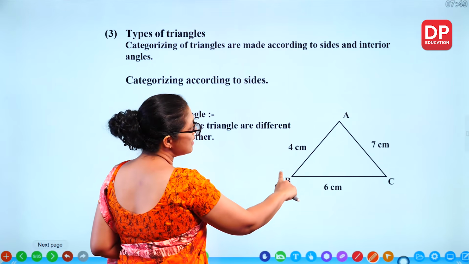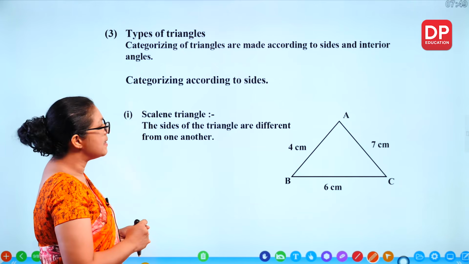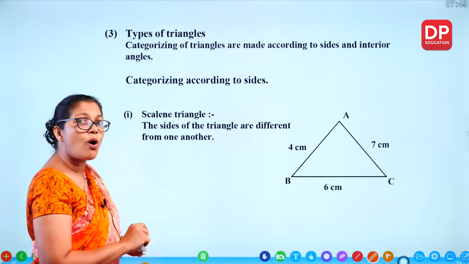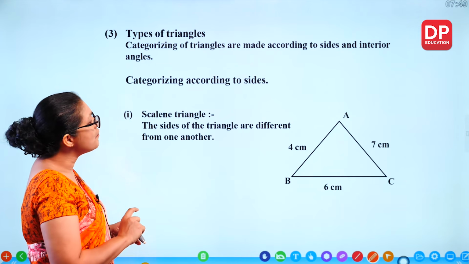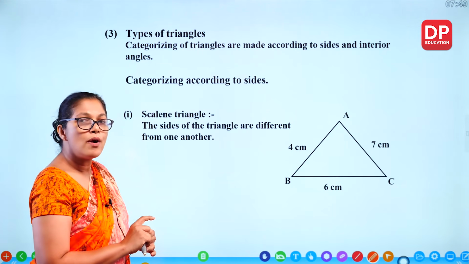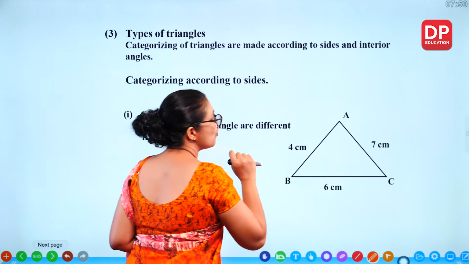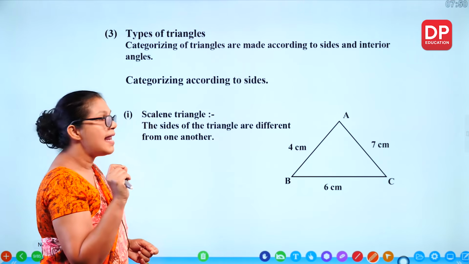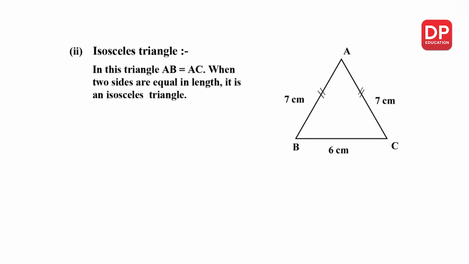One side is 4 cm, another is 6 cm, and the other one is 7 centimeters. We call this a scalene triangle. The sides of the triangle are different from one another. So all these lengths are different. Scalene triangle.